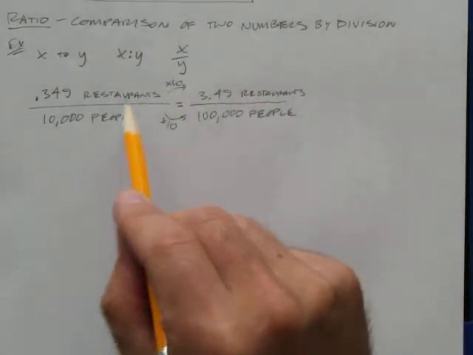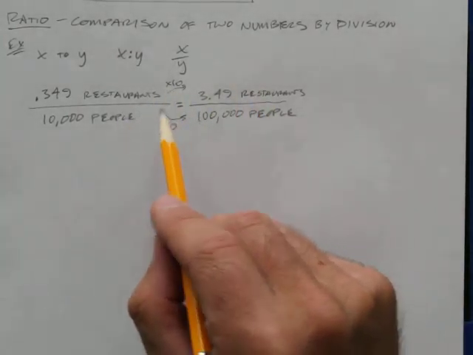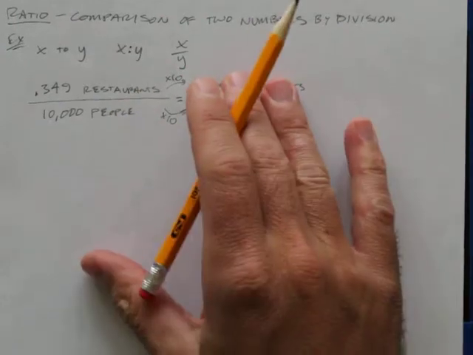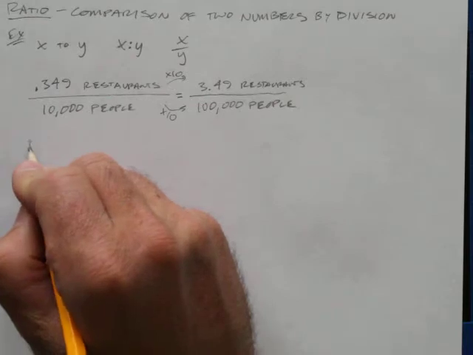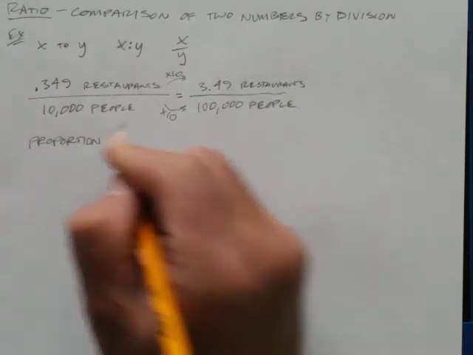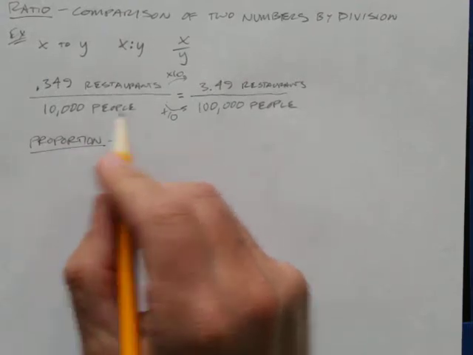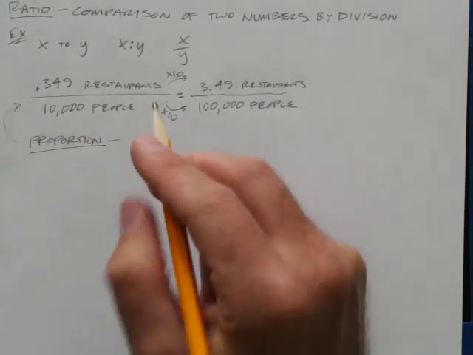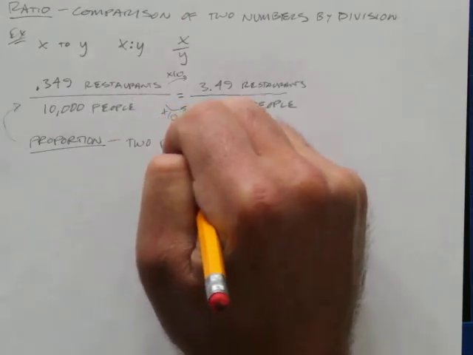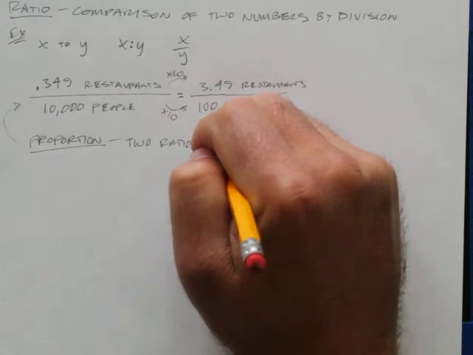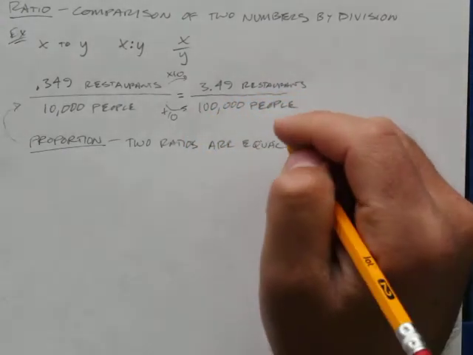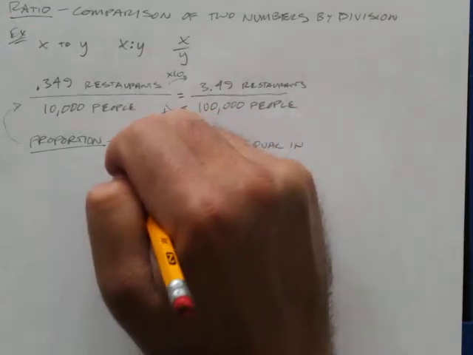So what I'm illustrating here is that the two ratios are equal. So a proportion is what we're looking at here. This is a proportion. I've got two ratios that are equal in an equation.